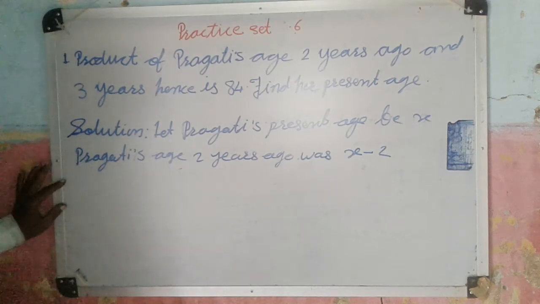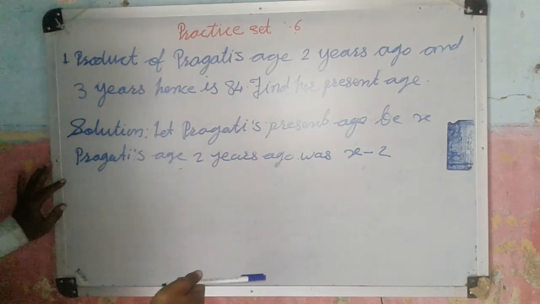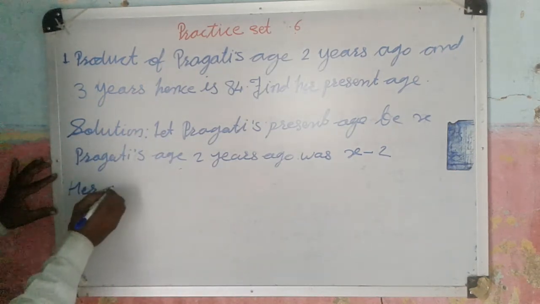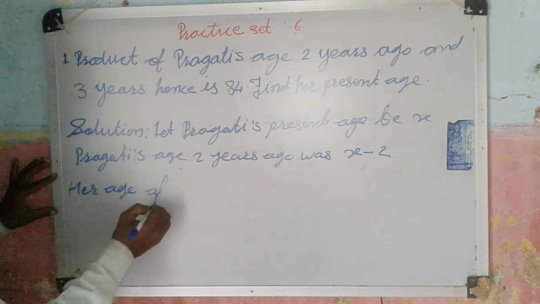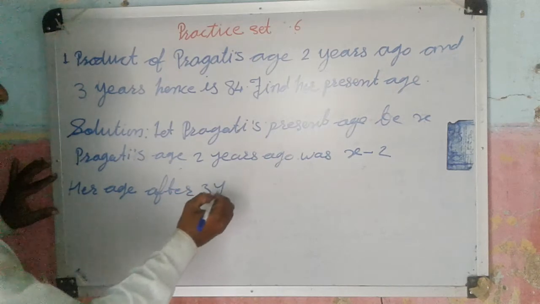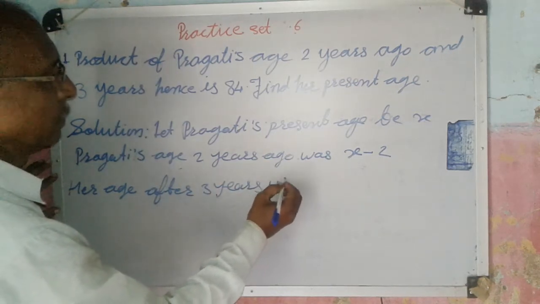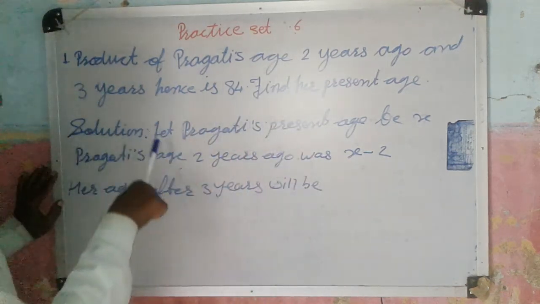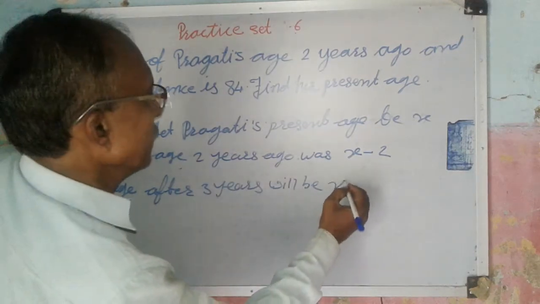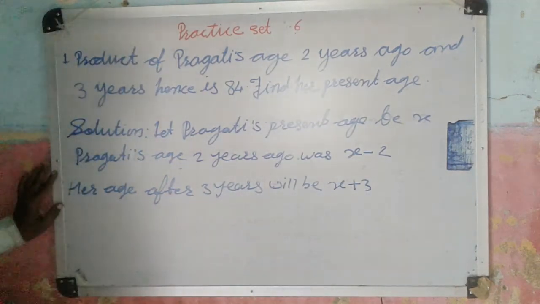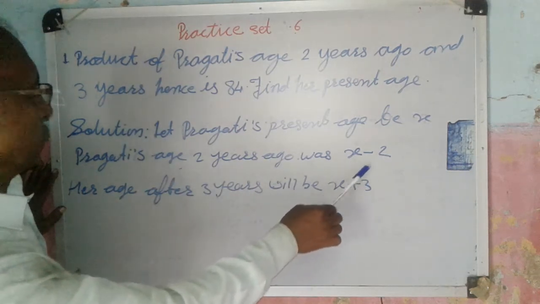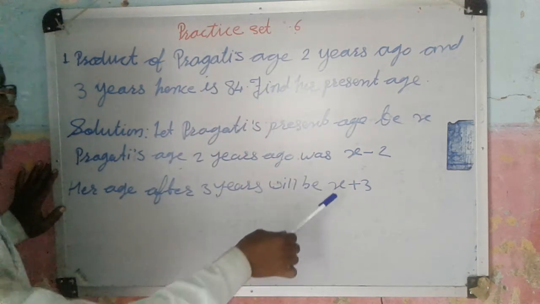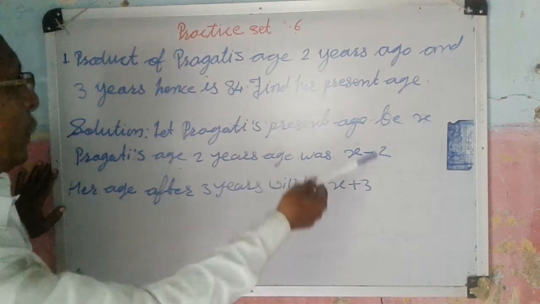Now what will be her age after 3 years? That means 3 years hence. That means we have to add 3 to present age. That means x plus 3. Now see here, x minus 2 is her age 2 years ago, and x plus 3 will be her age 3 years hence.